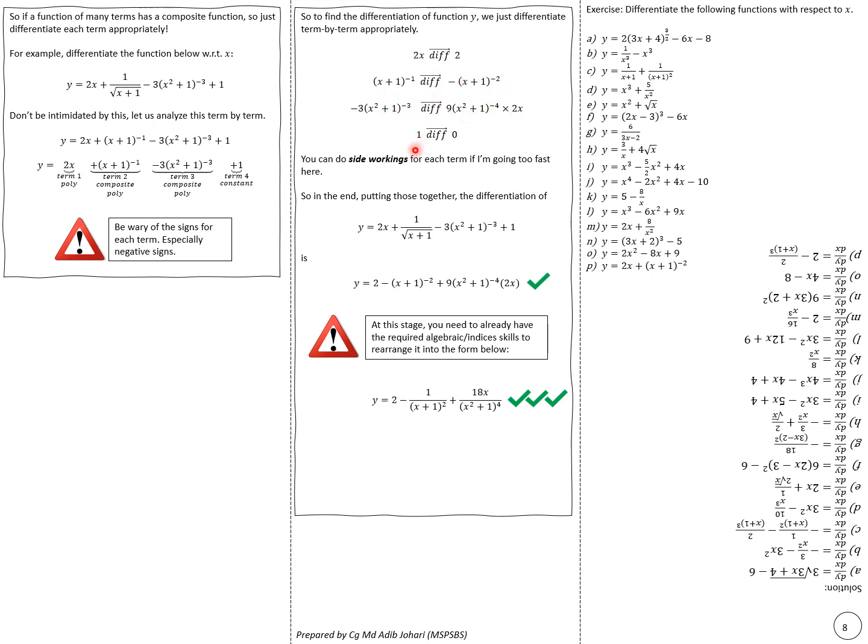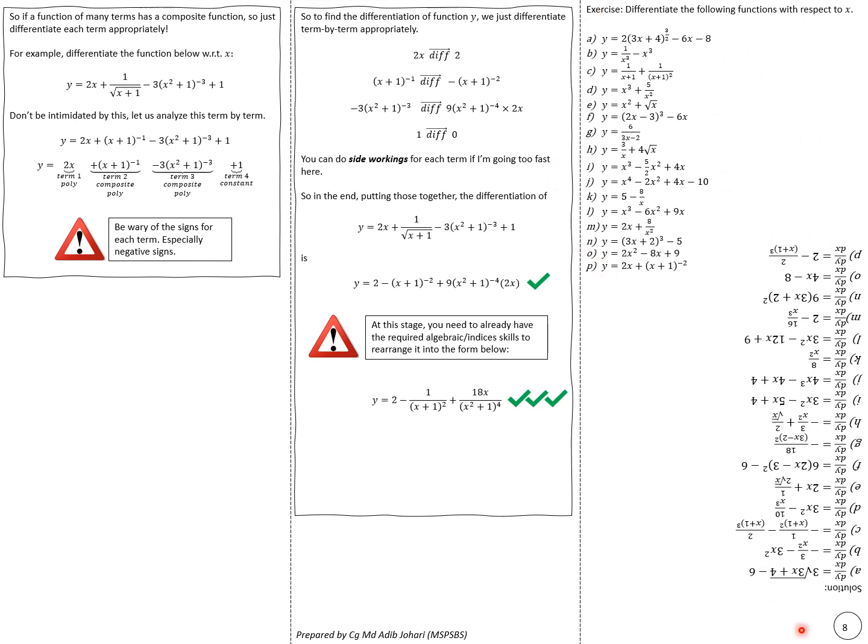And then 1, which is a constant, if you differentiate, you'll get 0. So if I'm going too fast, you can do side workings. Lastly, you need to have good algebraic and indices skills to change this form into a proper form like this. In the end, you have these exercises that you can try.